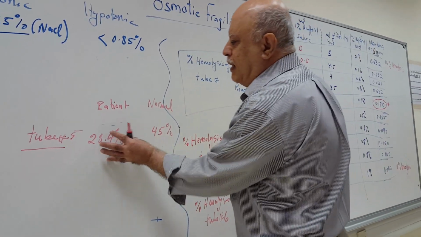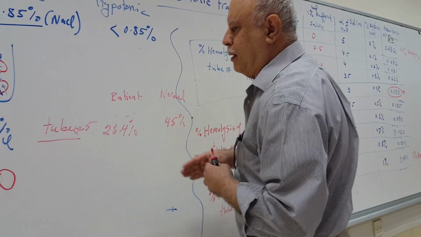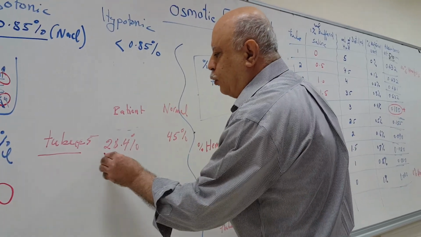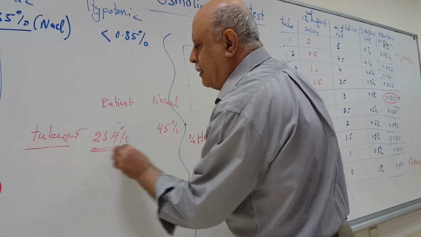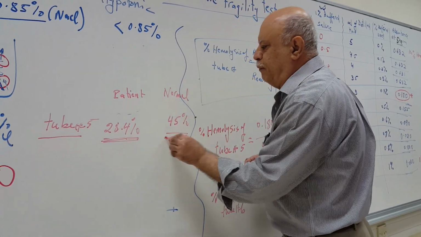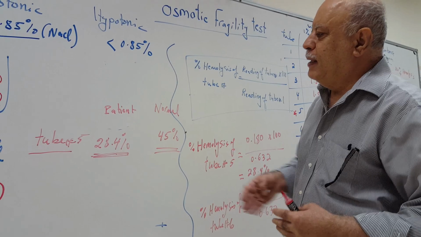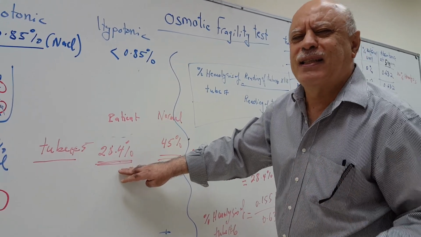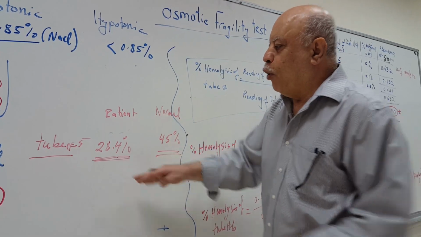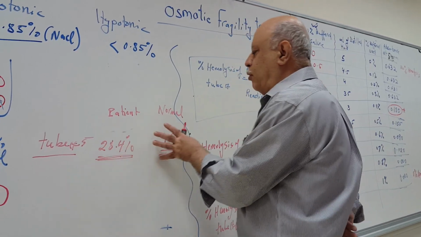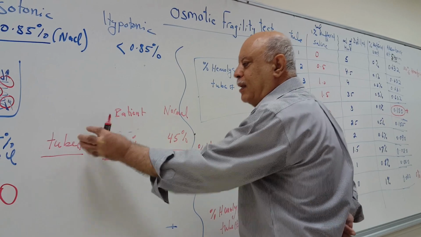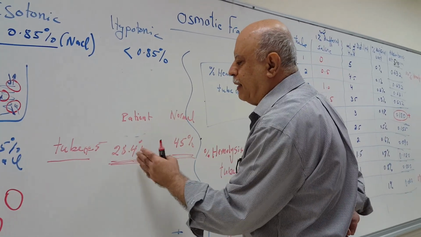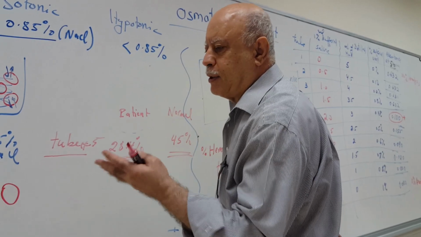That means the patient is more resistant to lysing, because only 28% lysed, compared to a normal 45% at the same concentration. That means this patient most likely has either thalassemia or sickle cell anemia.